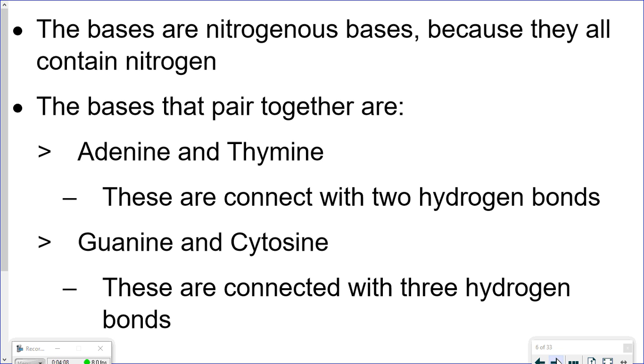The bases are all considered nitrogenous bases because they all have a nitrogen backbone. The bases that pair together are adenine and thymine, and these are going to be connected with 2 hydrogen bonds. Guanine and cytosine are going to be connected with 3 hydrogen bonds. So remember, the A and the T go together, the G and the C go together.